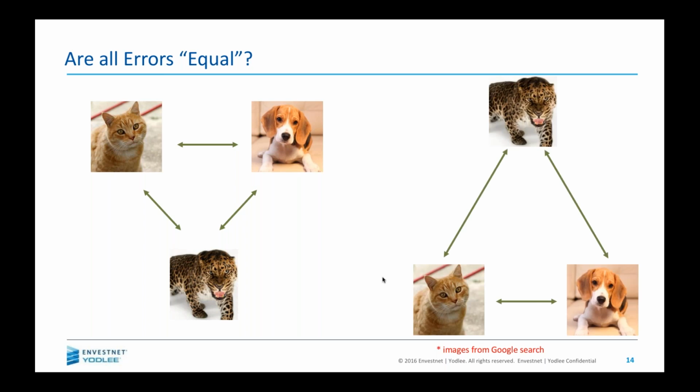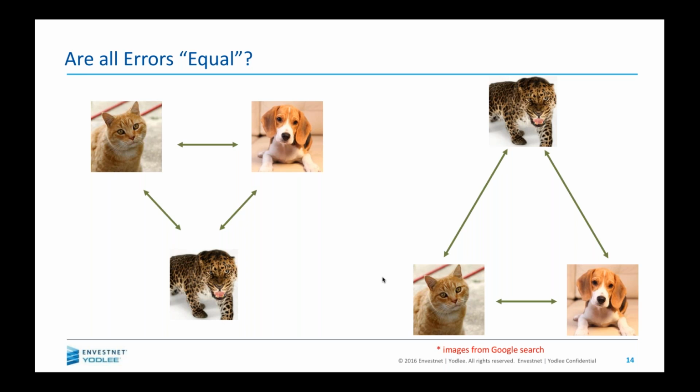But now in the real world, the situation is very different. The error of recognizing a cat as a dog is a lot less as compared to recognizing the cat as a leopard, right? In the jungle navigation situation that I talked about, hopefully you can relate to it, you may not be as affected if you recognized a cat as a dog in that jungle, but if you recognize that cat as a leopard, or the other way, you recognize the leopard as a cat, then you are in a lot more trouble, right?